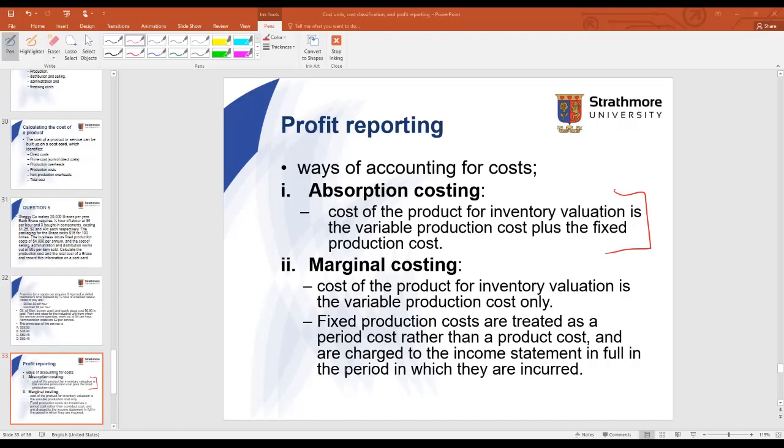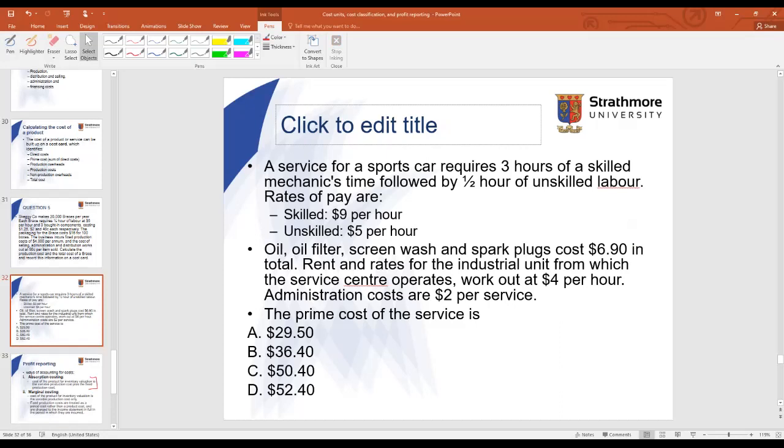I don't have my workings, but I guess you have yours from this question. The prime cost was 6.4, and that becomes the product cost if you're using the marginal costing method, as per the previous question we did yesterday.